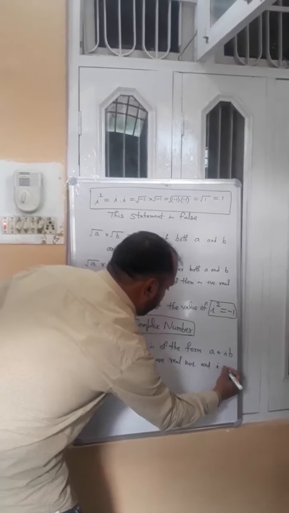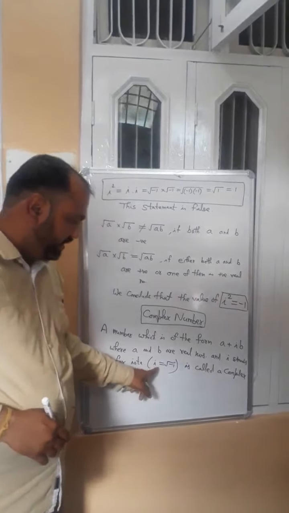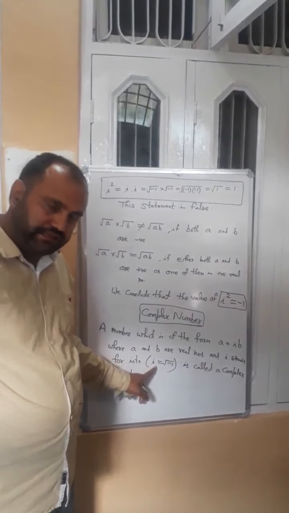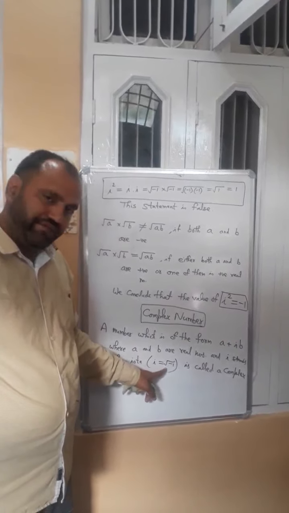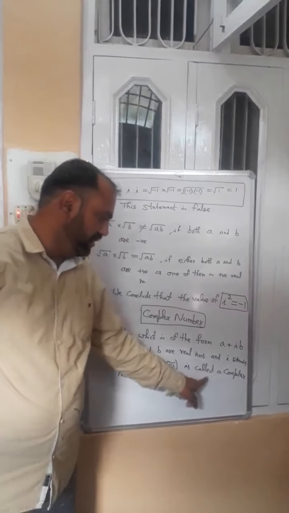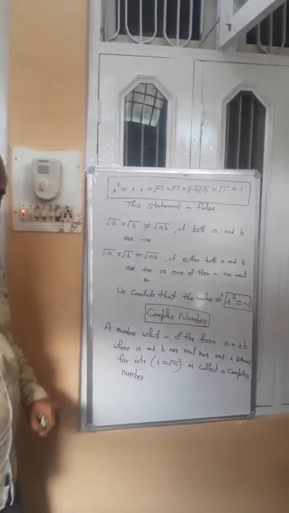Right? So what is a complex number? A complex number is the number which is of the form a plus iota b, where a and b are real numbers and i stands for iota, and its value is i is equal to square root of -1.